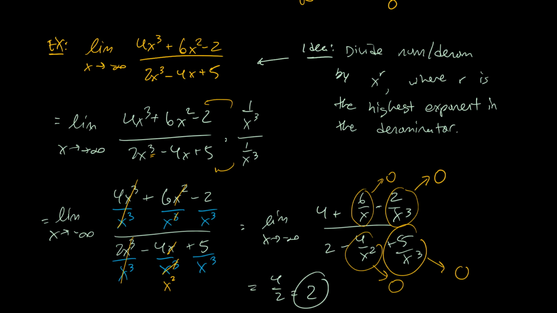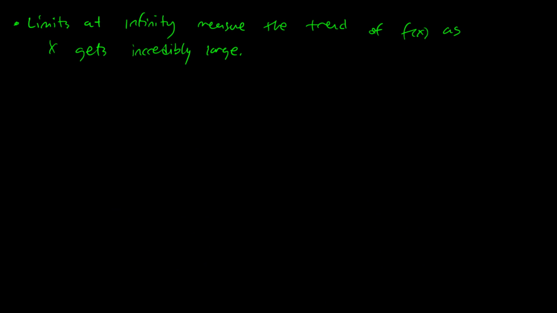Okay. Now in college algebra, what we said was if the degree of the numerator equals the degree of the denominator in a rational expression like this, you have a horizontal asymptote that is just simply the ratio of the coefficients of the numerator and the denominator, which is exactly what we got here. We got this 4 over 2. Now, I could have told you that this is the answer ahead of time, because remember, we're talking about the trend. So again, the limits at infinity, what we're doing is measuring the trend of f of x as x gets incredibly large.